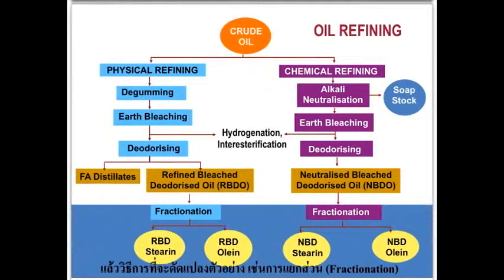And the other modification process, for example fractionation, can be done on the refined oil to produce the refined bleached deodorized stearine fraction, which is the high melting fraction, and refined bleached deodorized olein, which is the low melting fraction.